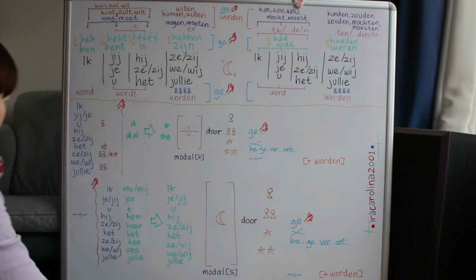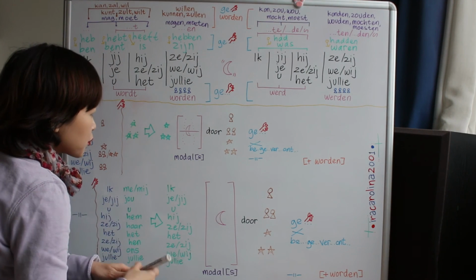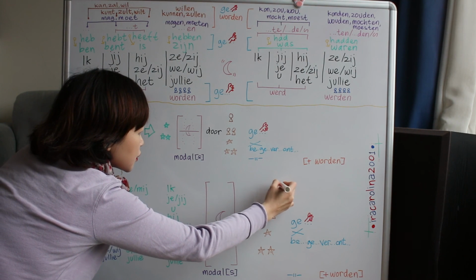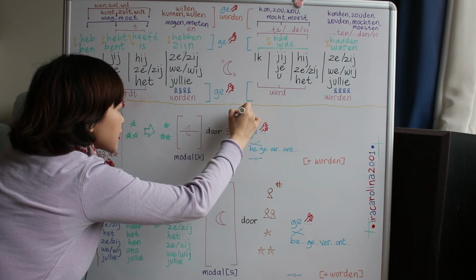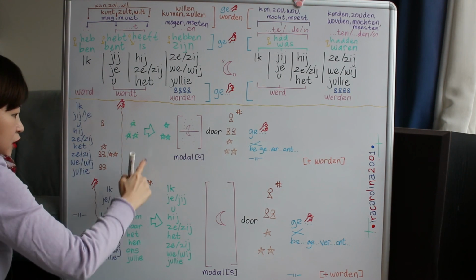So this one, how to put it? Yeah, it's okay. Can I put some sign or so? I will put a hashtag or so. Yeah, so you know that this hashtag works with the ones here, in this column.